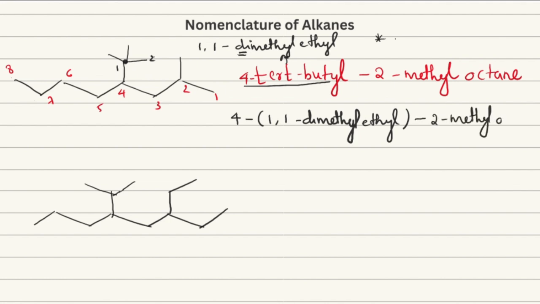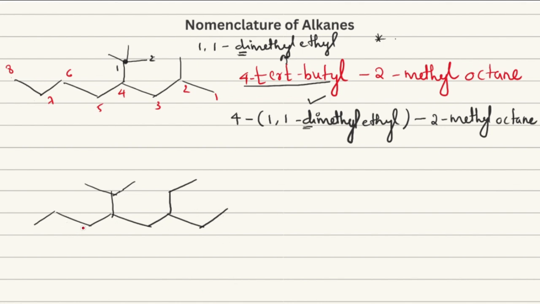The rest of the name is as it is. So remember, whenever we have such alkyl groups on an alkyl group, then it is always better to consider the first letter so that there won't be any ambiguity. Because when I consider methyl here and here, there is an ambiguity. That's why we always take the first letter.